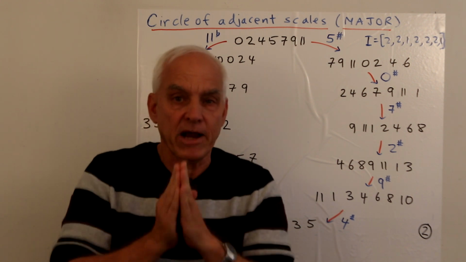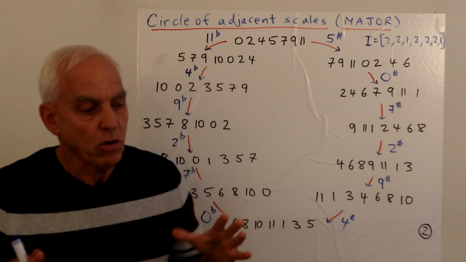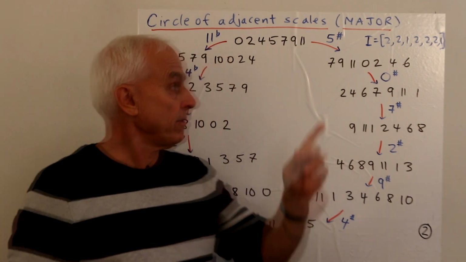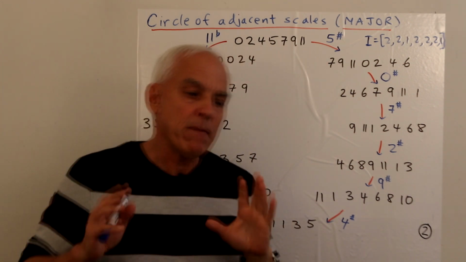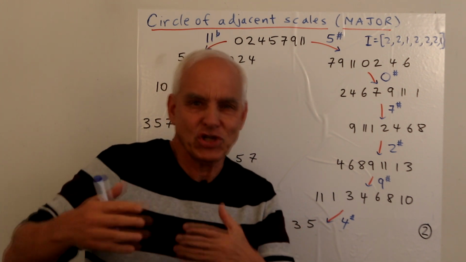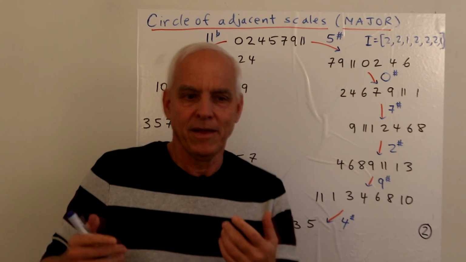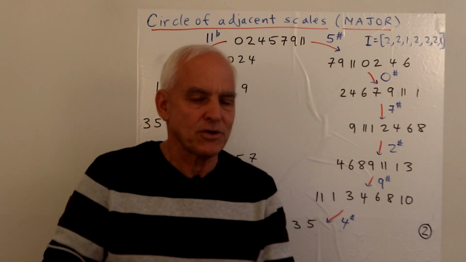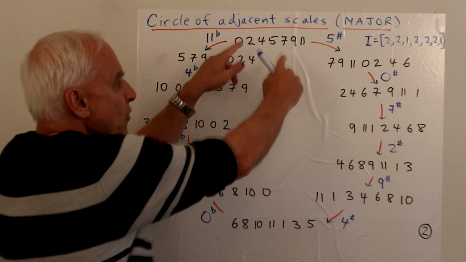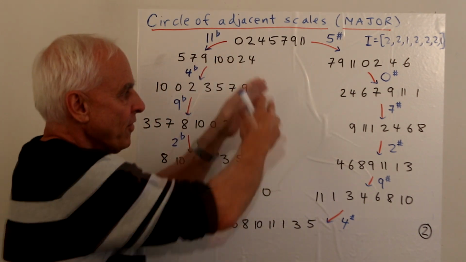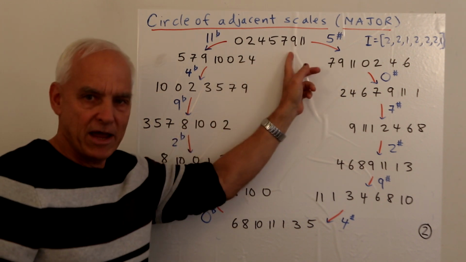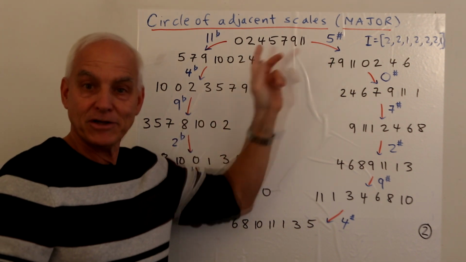And musically this is very important, because if you're playing a tune and you're in this scale here, you're playing in a major scale, and say it's this one here, and maybe you want to create a little bit more interest, so you want to change some of the notes a little bit. It's a standard sort of understanding that a nice way of doing that is to move along on this wheel to other scales which are not too far away from the one that you're starting with.